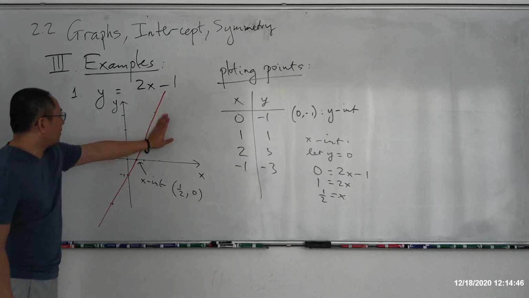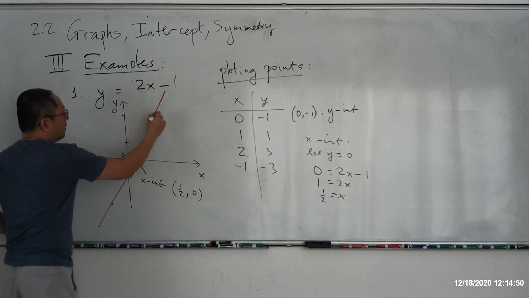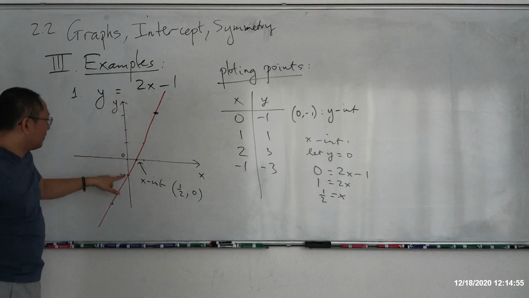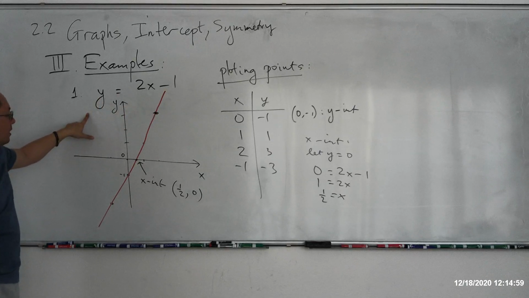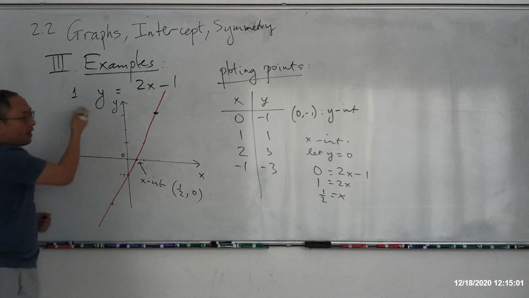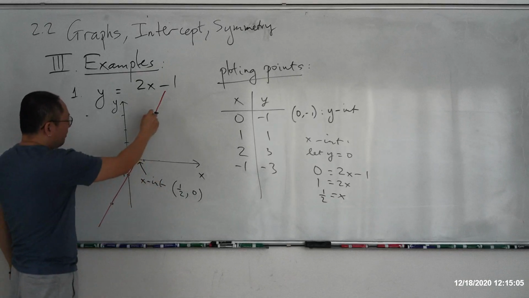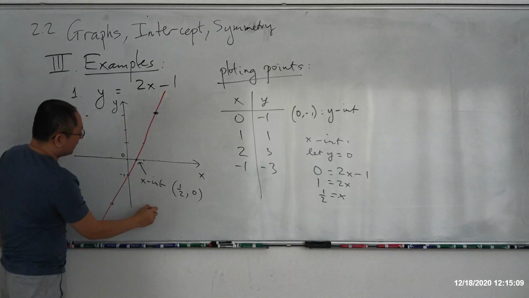When I flip a point, any point, I only need one point to prove it. You have a point on the graph, you flip it over the y-axis. This point right here is not on the graph, so it's not symmetrical about the y-axis. Similarly, I have a point, I flip over the x-axis.